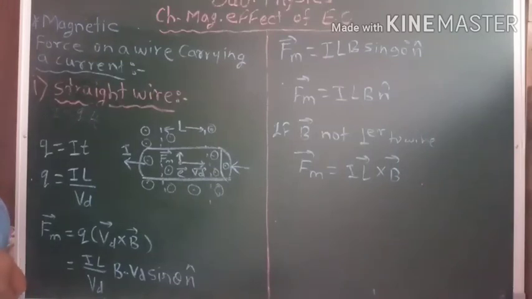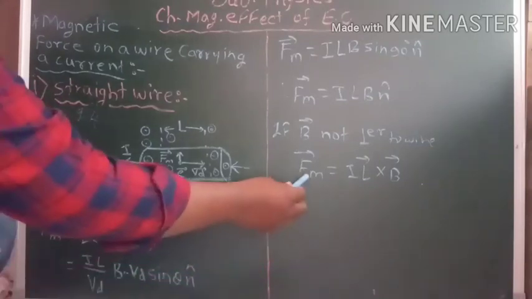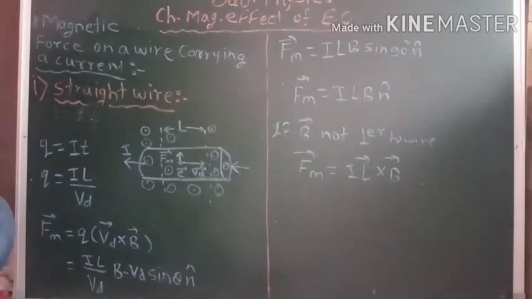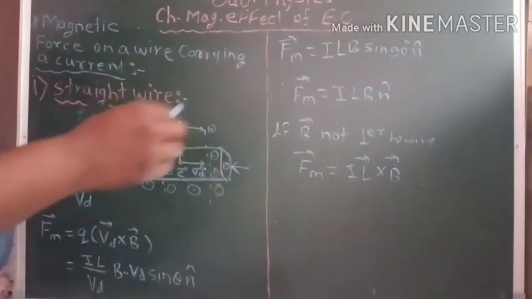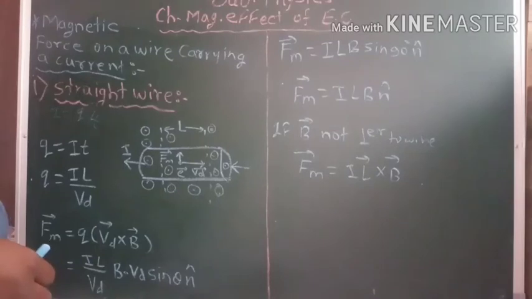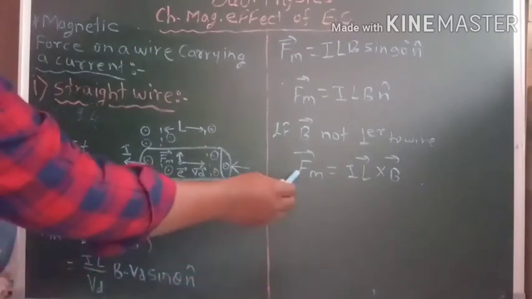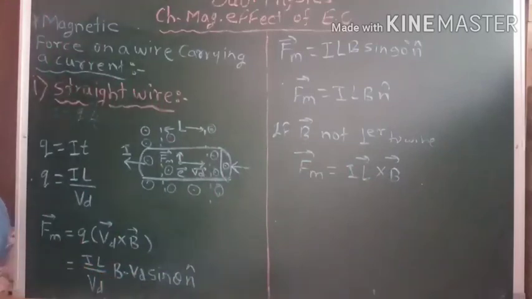Now we consider the case where the magnetic field B bar is not perpendicular to the wire. Then we write Fm bar is equal to IL bar cross B vector, where n cap is the unit vector perpendicular to the magnetic field and the drift velocity.